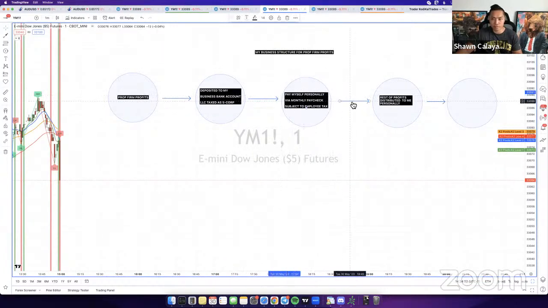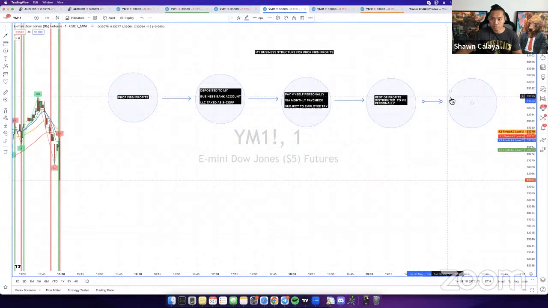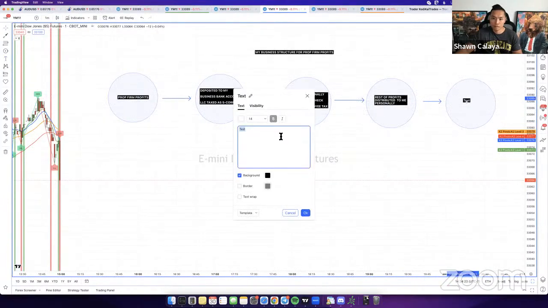And then later you can switch over to business. And then you can also take tax deductions.